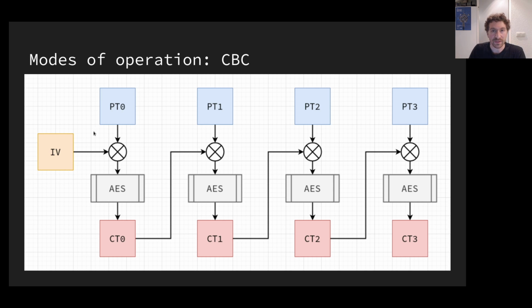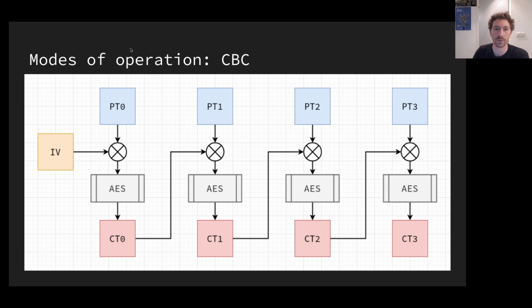We add them together, GF(2) style, and then we plug that into AES. So we run the AES algorithm. That gives us our first block of ciphertext, and we take our next block of plain text and XOR those two things together, and we put that into AES. Now all of this is reversible, right?